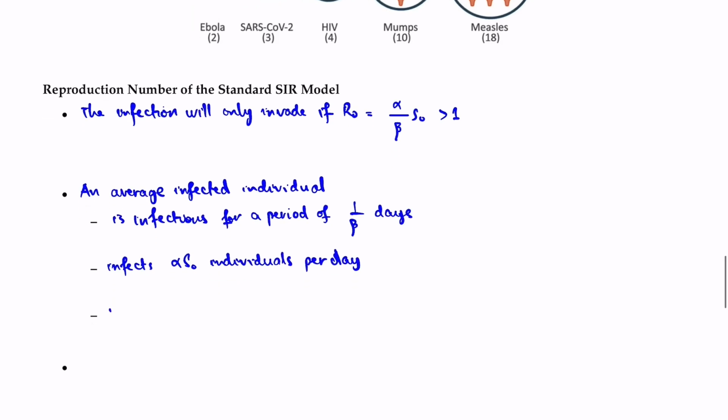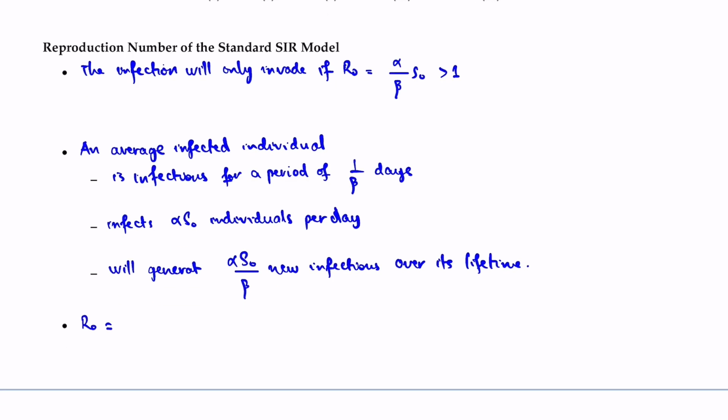And therefore will generate alpha times S0 divided by beta new infections over its lifetime. So this R0 of alpha times S0 divided by beta tells you the number of secondary infections from one sick person.